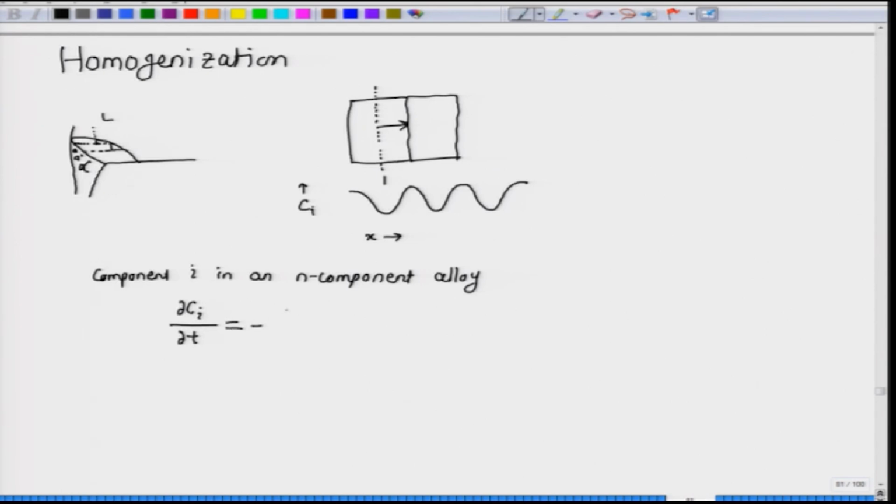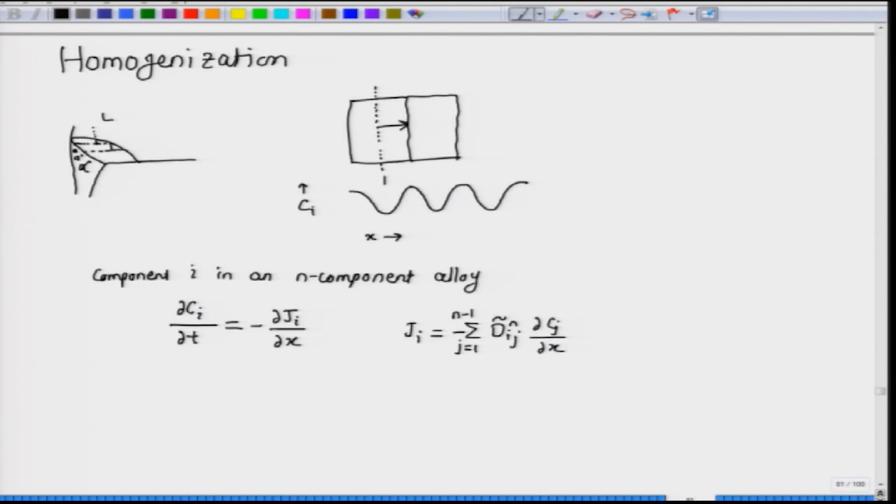Let us first write the simple continuity equation: dou Ci by dou t is equal to minus dou Ji by dou x, and we know Ji in an n component system is expressed in terms of n minus 1 interdiffusion coefficients. So, Ji equals minus the sum over j equal to 1 to n minus 1 of D tilde ij superscript n, dou Cj by dou x.